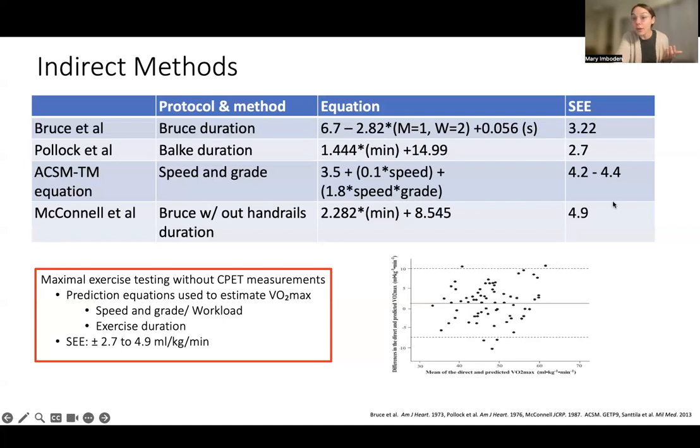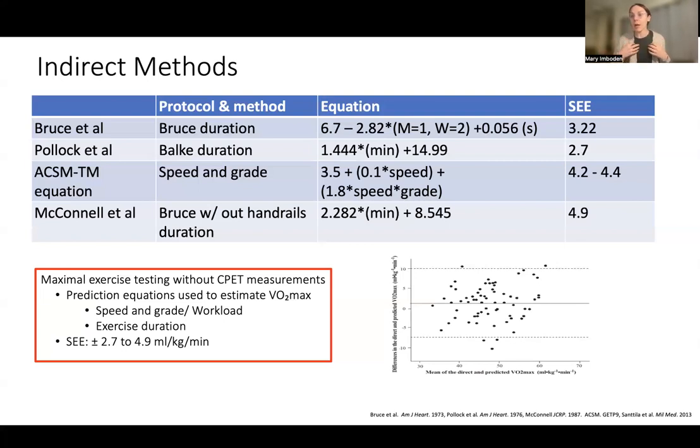So there's error, right? And 3.22 is not nothing, right? 3.22 milliliters per kilogram per minute is almost 1 MET. And if you know anything about METs, if you don't, a MET is a way to understand intensity of activity.